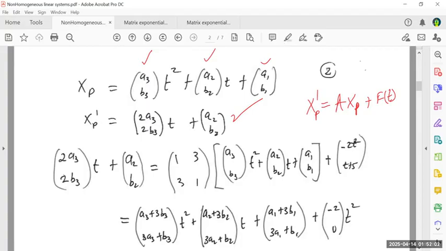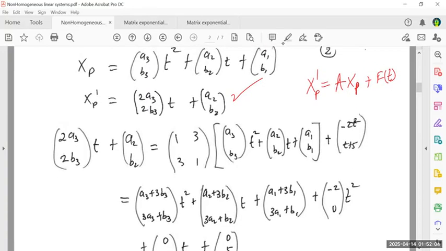There's xp, and then we substitute xp on the left-hand side, and then we substitute the xp on the right-hand side.